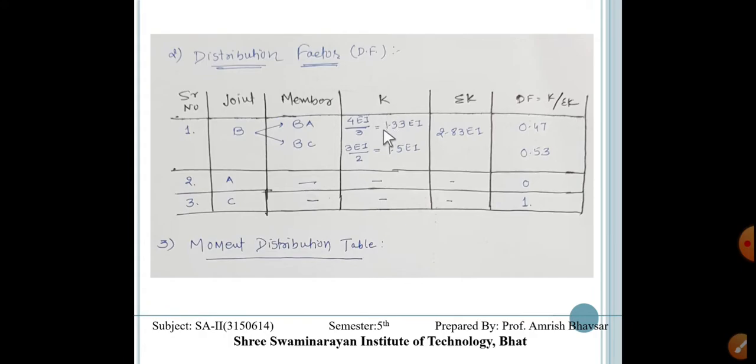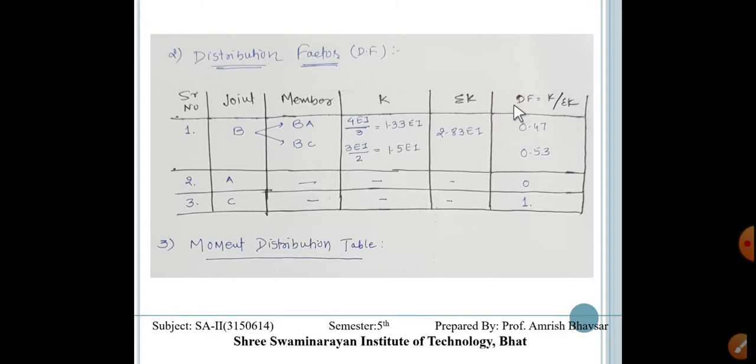So here 4EI by 3, we get 1.33 EI, and 3EI by 2, again we get 1.5 EI. The summation of these two stiffnesses is 2.83 EI.